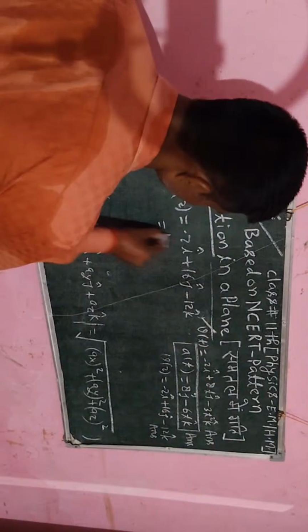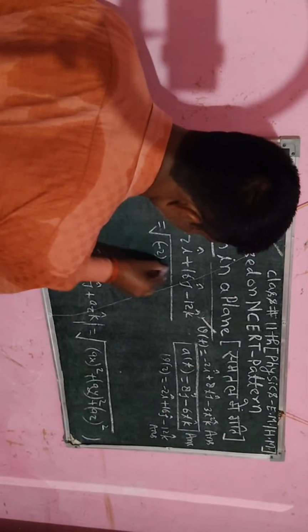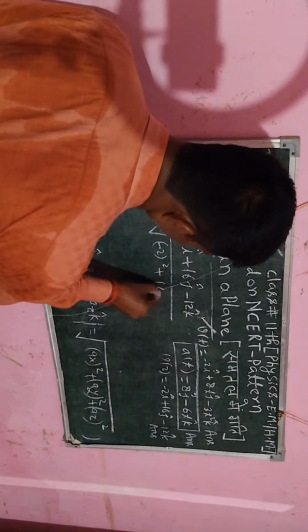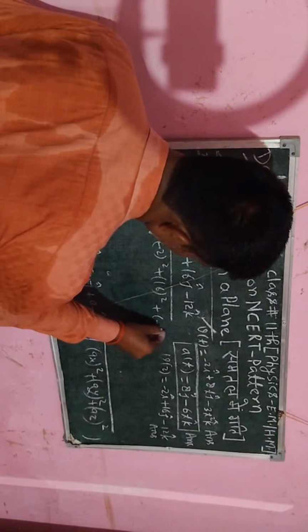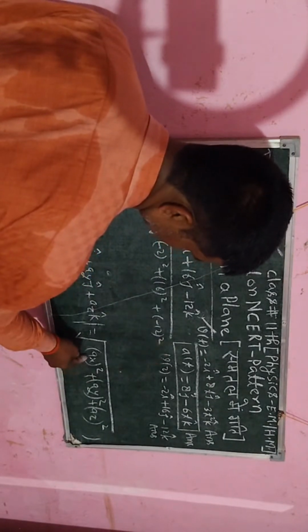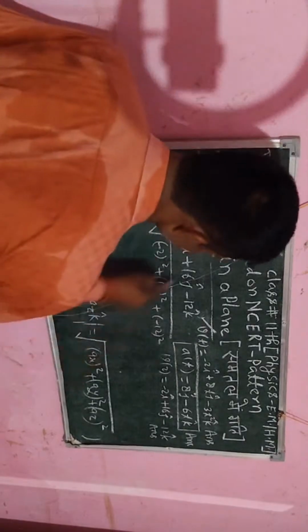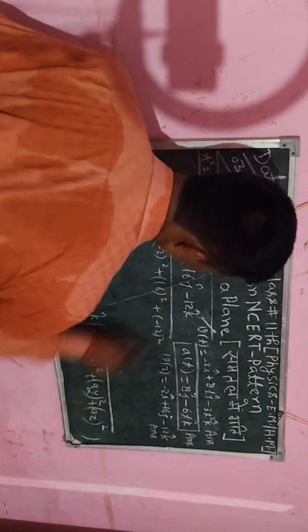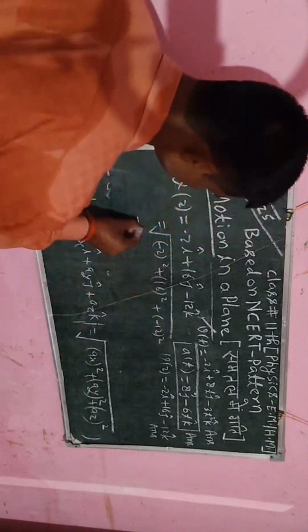So here I write minus 2 whole square plus 16 whole square plus minus 12 whole square, because in this formula I have in the place of ax minus 2, in the place of ay 16, in the place of az minus 12. I have used the same formula for its value.